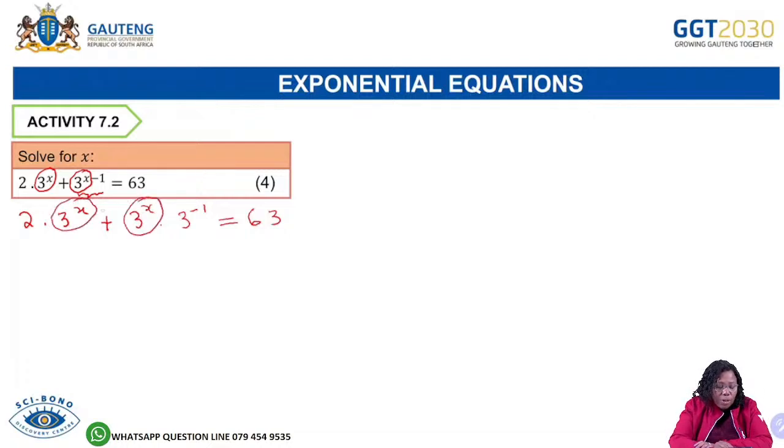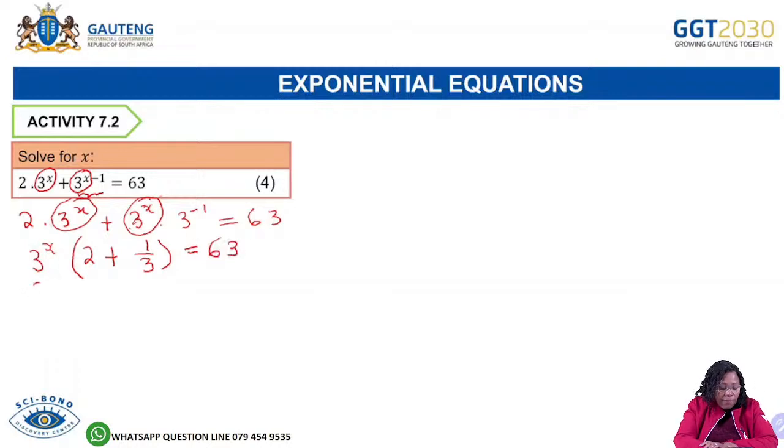It is common in the two terms on the left hand side, so we will take out as a common factor 3 to the power x. Then we will be left with a 2, plus 3 to the power minus 1, which is 1 over 3, equal to 63.